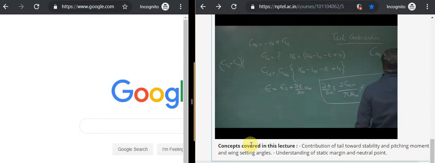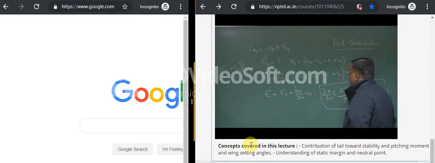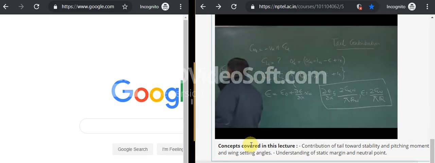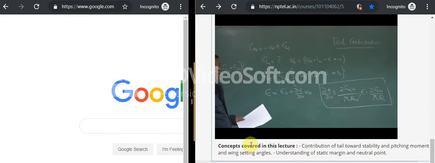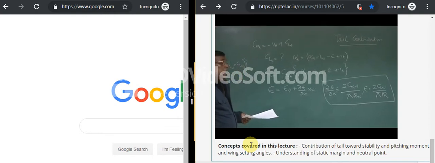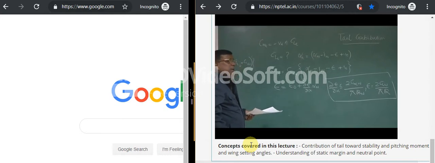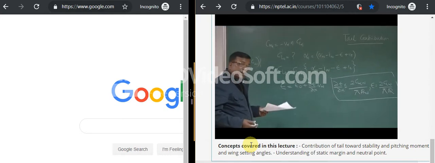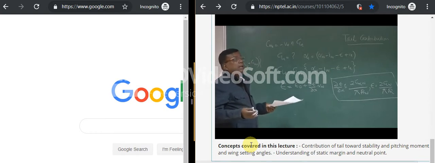Do not forget, what are we looking for? We are looking for the contribution of the tail in terms of giving pitching moment about the CG of the airplane, and if we can write that contribution also as Cm naught tail plus Cm alpha tail into alpha tail or alpha wing, then I'll get a general expression.